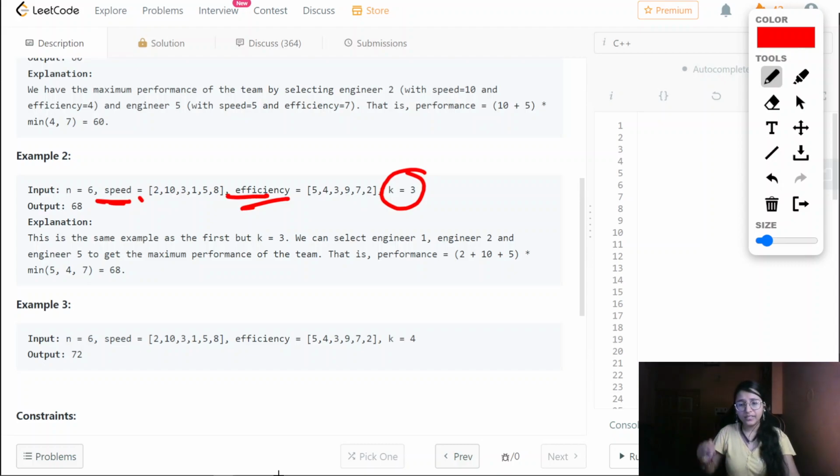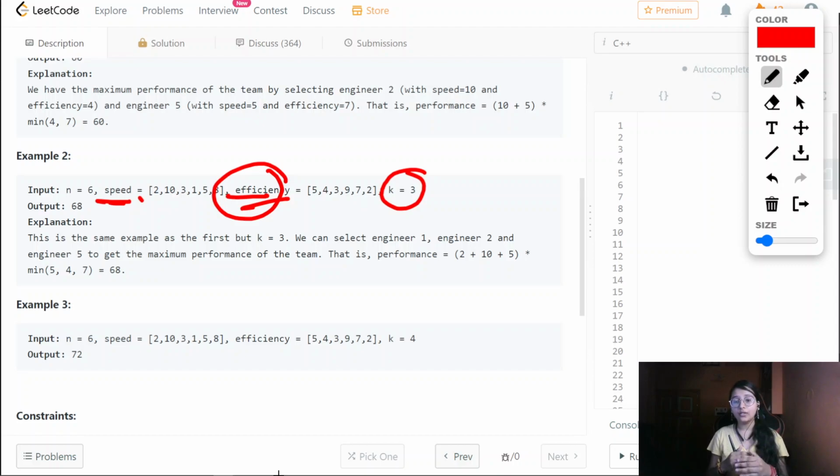And now comes the part of how we are required to sort them. We will be sorting them as per the efficiency, and that also not in increasing order but in decreasing order. Why in decreasing order? So that we get the max efficiency at the top, right? And corresponding speed also we will be able to figure out according to that only.